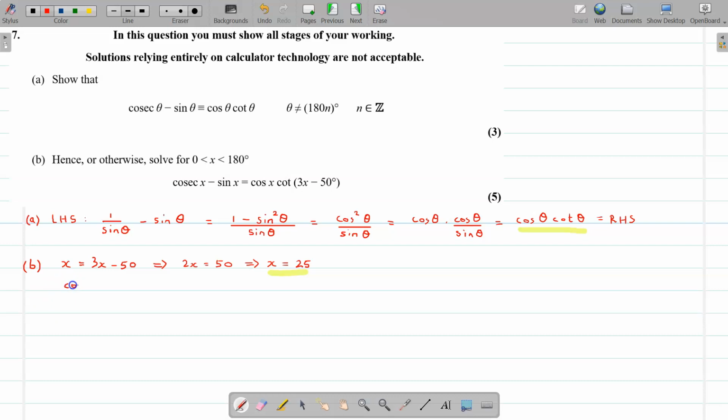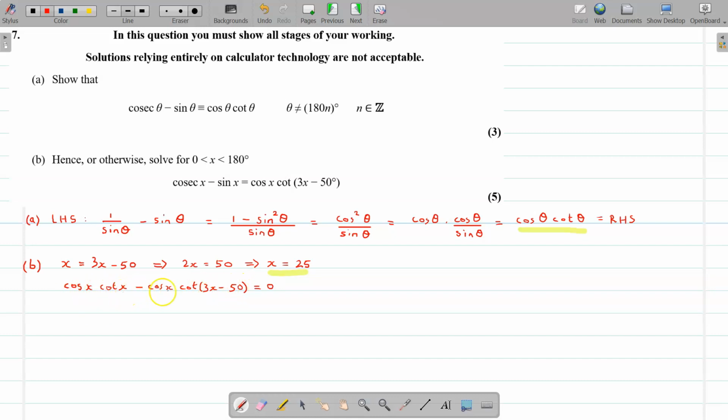So I'm going to say that cos of x times the cot of x, okay, using the right-hand result, minus cos of x times the cot of 3x minus 50, okay, must equal 0, because basically I'm setting the cos x cot x equal to cos x cot 3x minus 50.